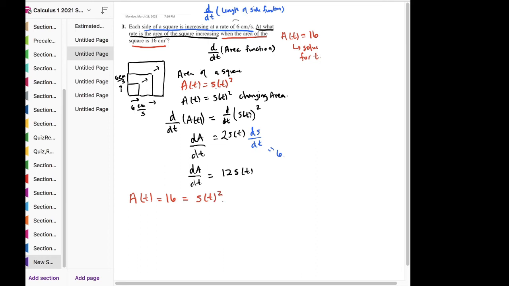Okay, so the square root gives 4, which is equal to s of t. Do you know what s of t is? We know what the derivative is, right?